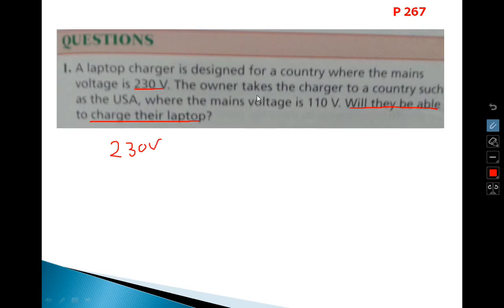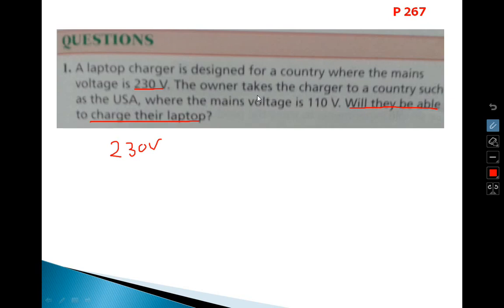In countries like the USA or Canada, the mains voltage is 110 volt, so it's not going to work.